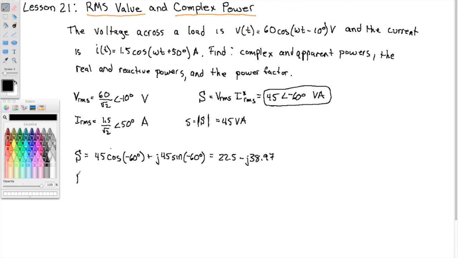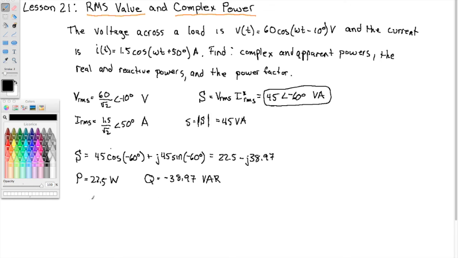So the real power, P, is 22.5. And since this is a real useful power, we're going to say that's watts. Okay, and Q is the reactive power, that is minus 38.97. We're going to keep that as volt amps. Sometimes you'll see an R for reactive there. Volt amps reactive. VAR.